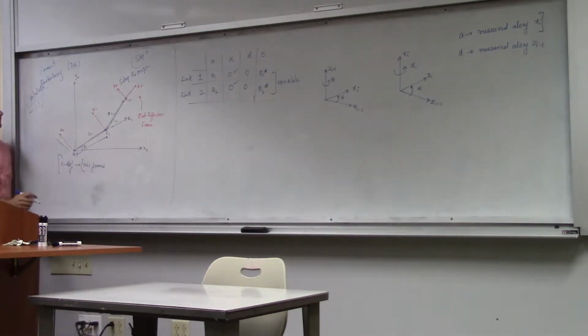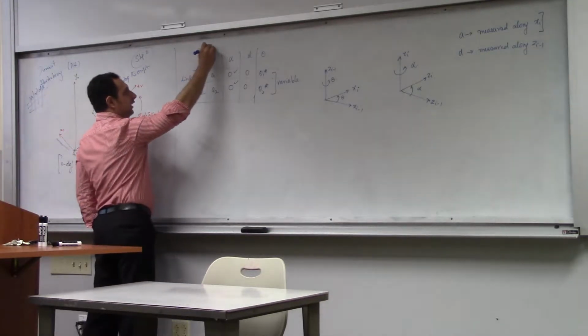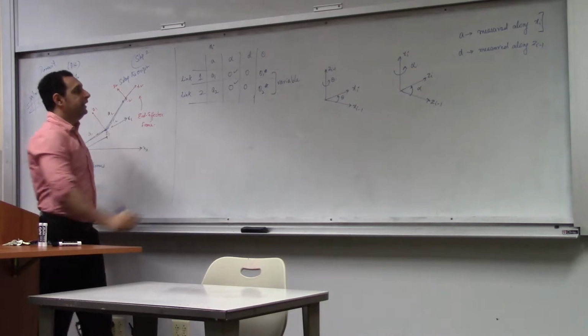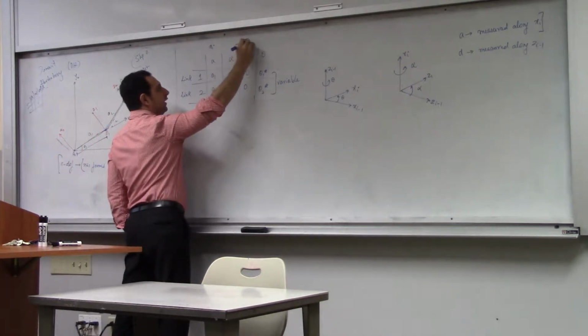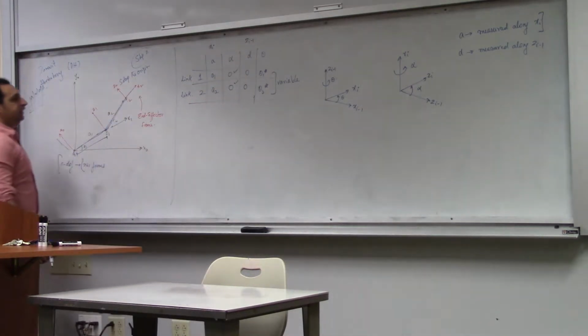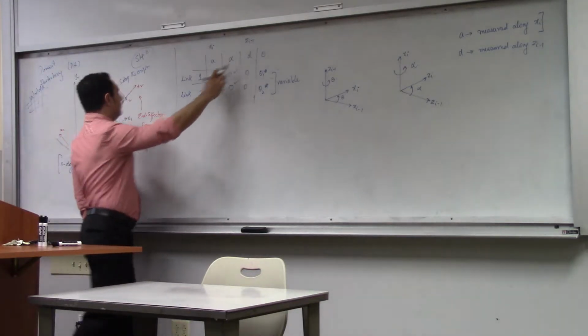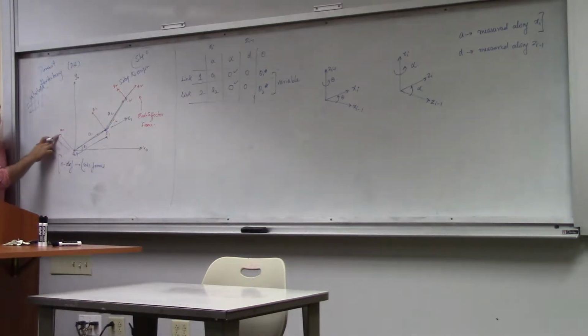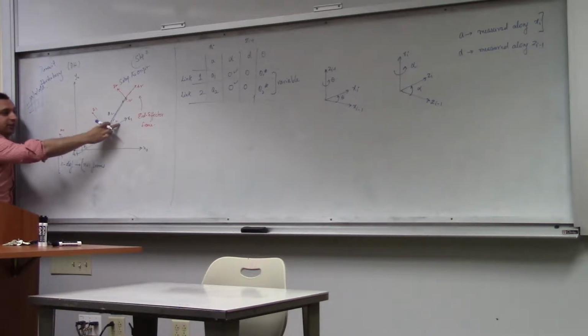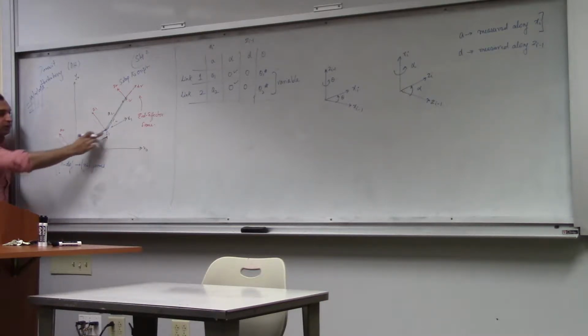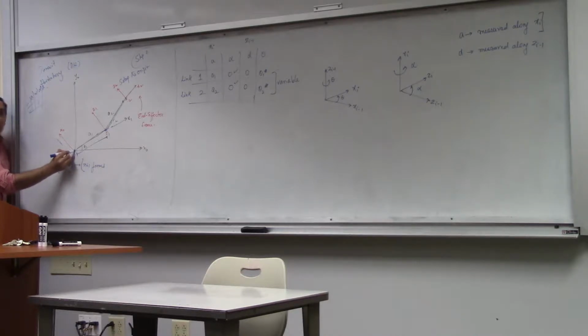Let's talk about D. You already did the measurements along x. A is measured along xi, okay? D is measured along zi minus 1. So when I'm measuring D1, I'll measure the distance along zi minus 1, which is z naught, till it intersects with x1. x1 comes and meets z naught at the origin, so there is no distance along this direction.